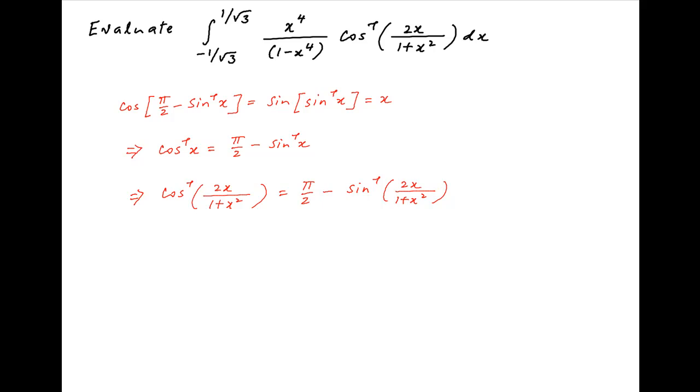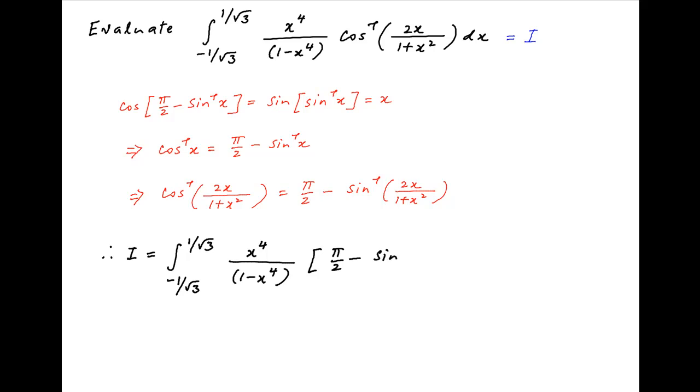Using this result, the given integral, let's denote it by I, can be written as integral from minus 1 upon root 3 to plus 1 upon root 3 x raised to the power 4 divided by 1 minus x raised to the power 4 times, in brackets, pi upon 2 minus sine inverse of 2x upon 1 plus x square. This integral can be broken into two components.